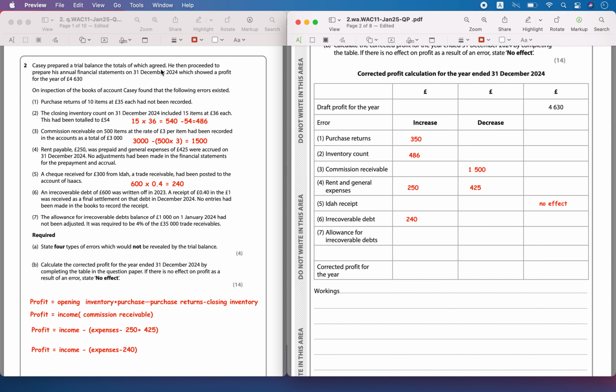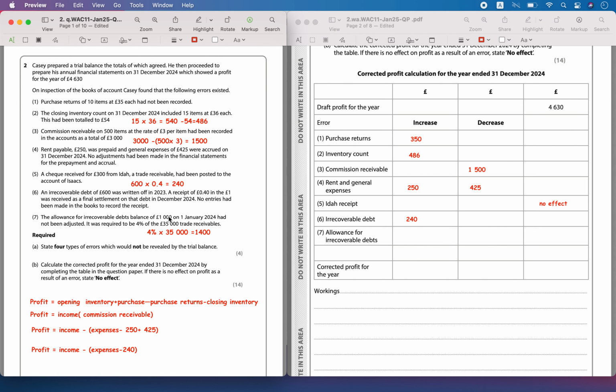Then the allowance for irrecoverable debt balance of 1000 on 1st Jan 2024 had not been adjusted. It was required to be 4% of 35,000 of trade receivables. So let's calculate this. 4% of 35,000 is 0.04 times 35,000, which is equal to 1400.